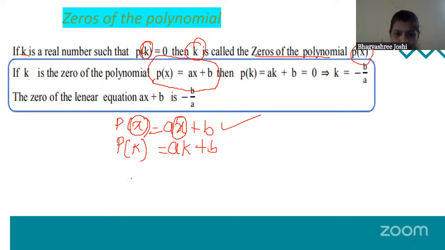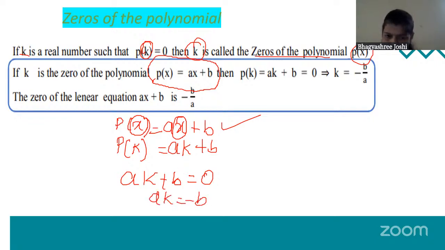Okay, now if I equate this standard form of linear equation to 0, then what will happen? Transfer this plus b to this side. ak is equal to minus b. Then k is equal to, transfer this a to this side, minus b divided by a.